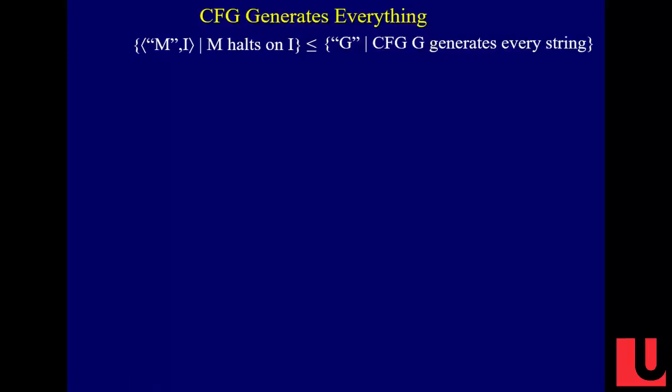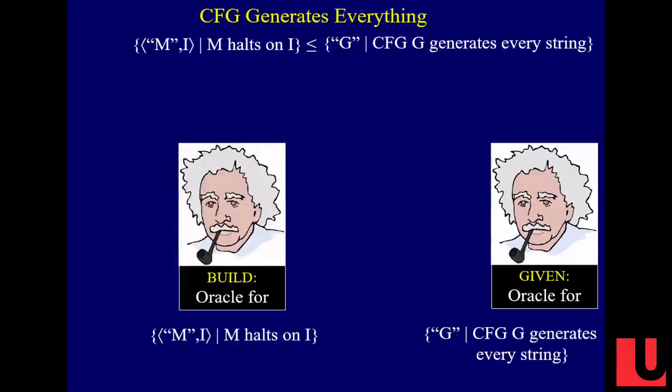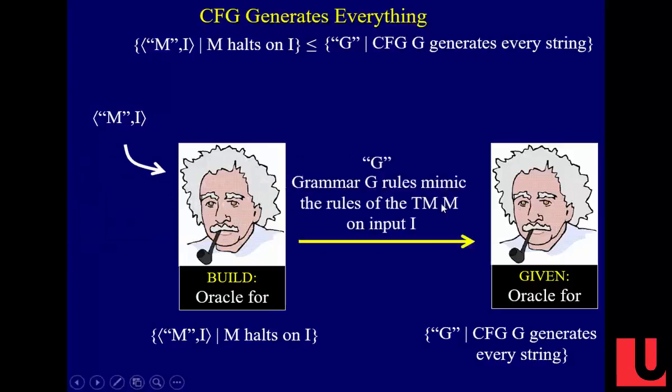Well, what this grammar is designed to do, let's see, here we have an oracle that solves the grammar problem, and we want an oracle that solves the halting problem. So you give me a machine and an input, and I come up with this grammar, and what this grammar will do is generate every string that's not a halting computation. That's what we said we're able to do. Here's a grammar that generates every string except for halting computations.